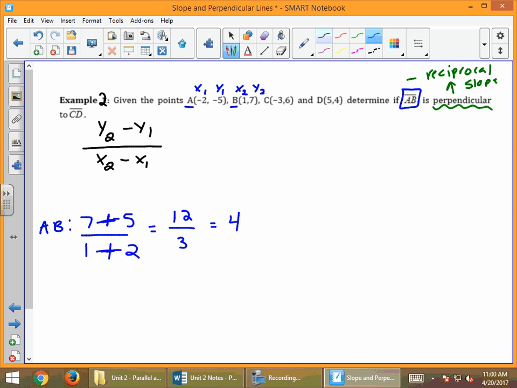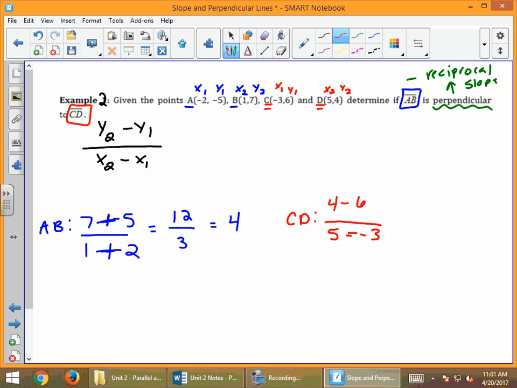Well, now let's take a look at the slope of CD. So C and D are going to match up. Label x1, y1, x2, y2, and plug those values into the correct spot in the slope formula. So we have 4 minus 6 over 5 minus negative 3.